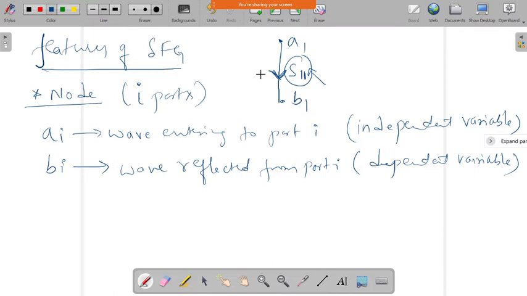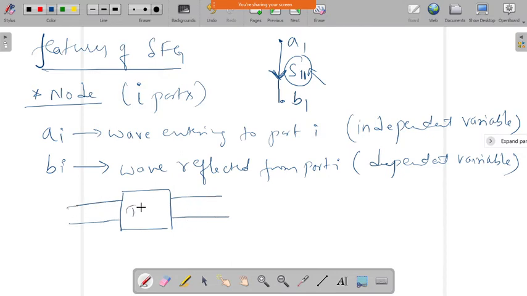Also, we can write the signal flow graph variables for a two-port network. If I take any two-port network, we are able to write the signal flow graph in terms of signal flow graph variables.